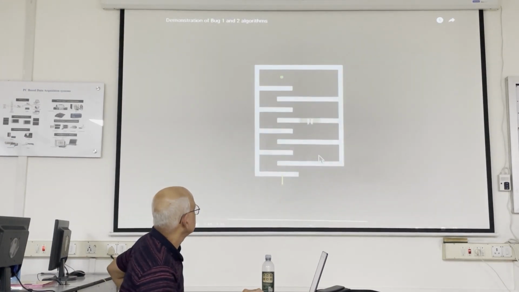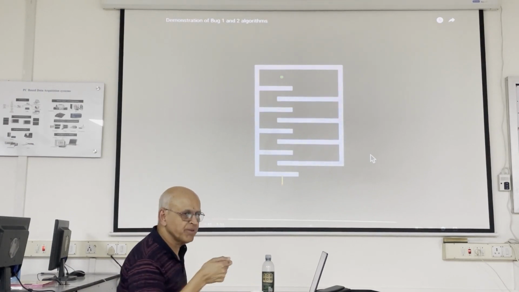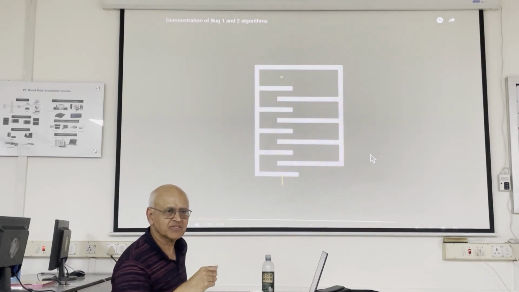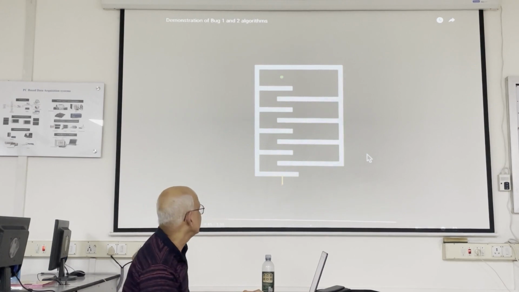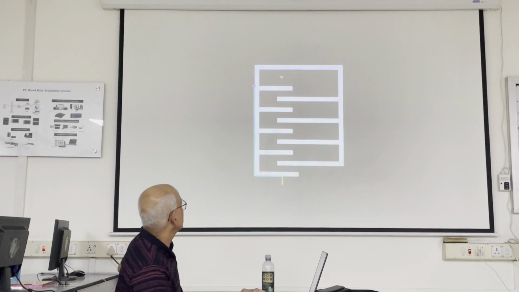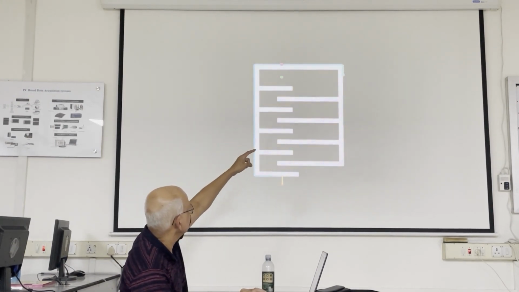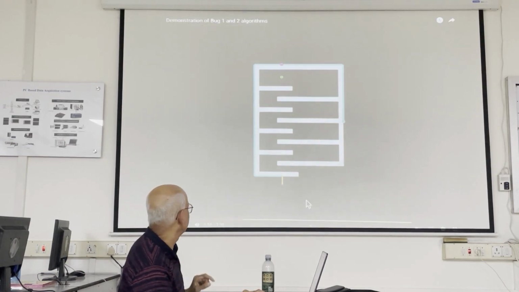Look at this. So they know that this is going to bring out the difference between bug 1 and bug 2. They know the creators. So here's the starting point, and there's the goal. So you see, they're following the bug 1 rules. The best leave point. See, it's updating the leave points. Can you see that? No?